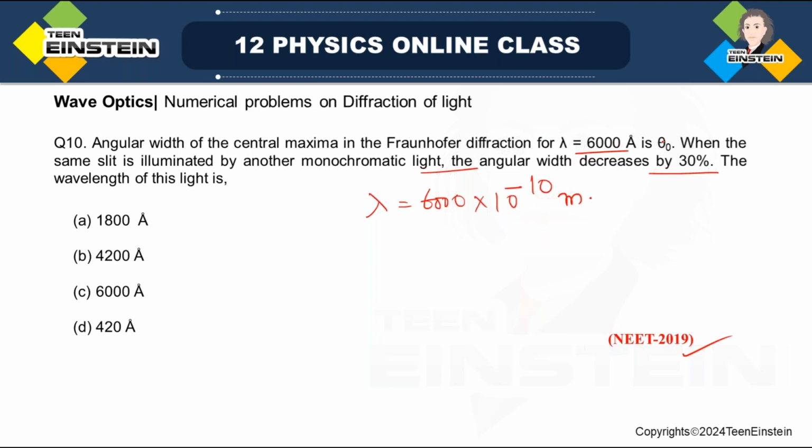So the width of the central maxima was found to be theta 0. Now when the same slit is used but another monochromatic light has been used, let me give the name as 6000 angstrom anyway.